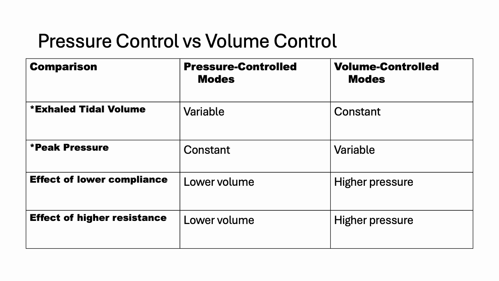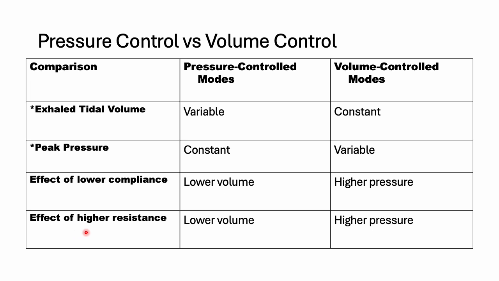So this is a table that compares the pressure control mode versus the volume control mode. Okay, so you need to know what is the variable and what is the constant. Yeah, so on this side of the table, we have tidal volume, we have peak pressure, and then the effect of varying lung characteristics, whether it's the effect of low compliance, okay, the lungs getting stiffer, or whether it's the effect of high resistance.